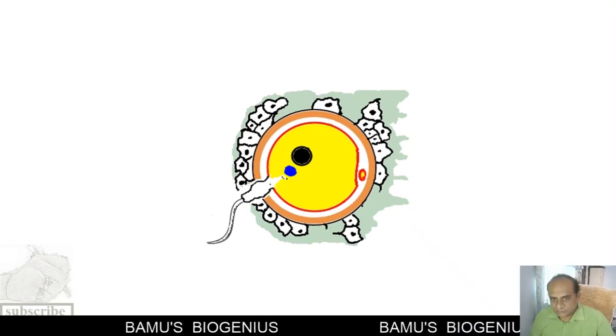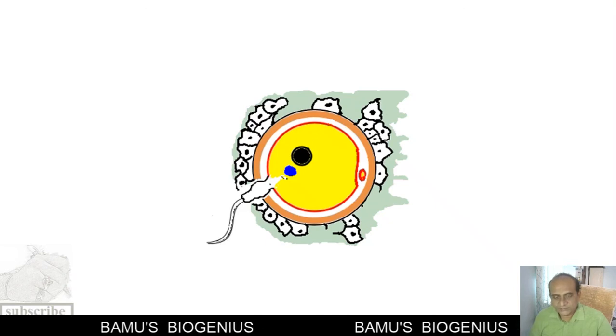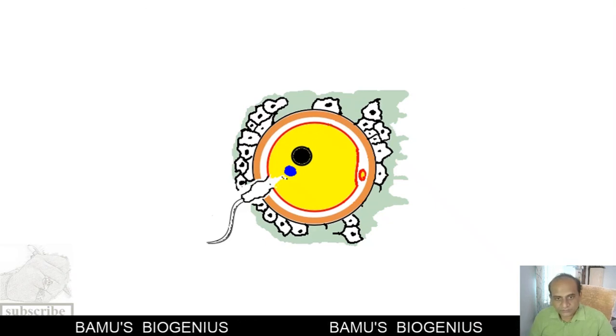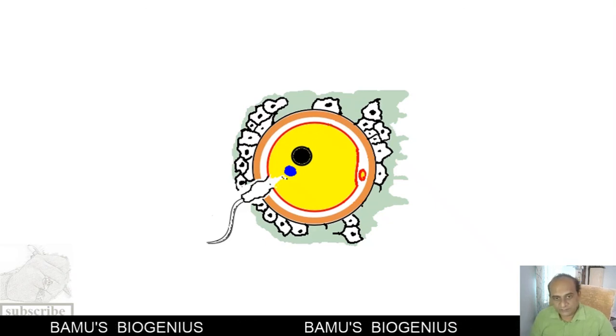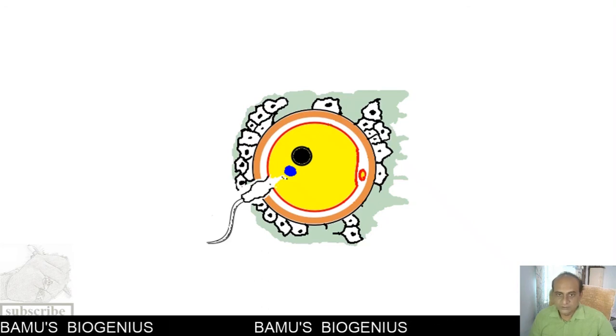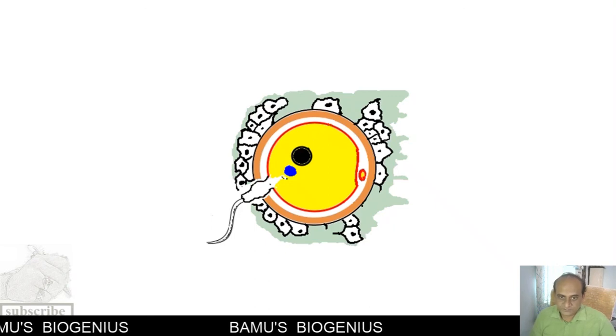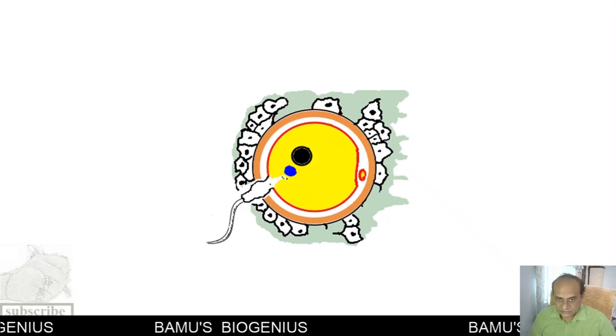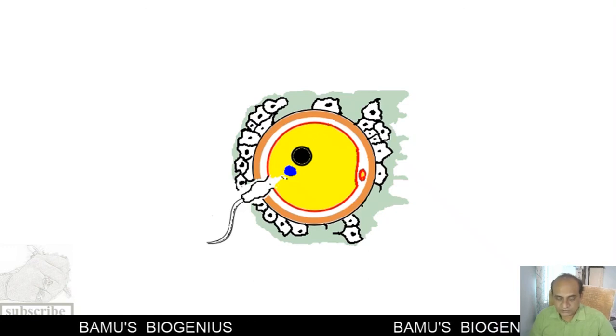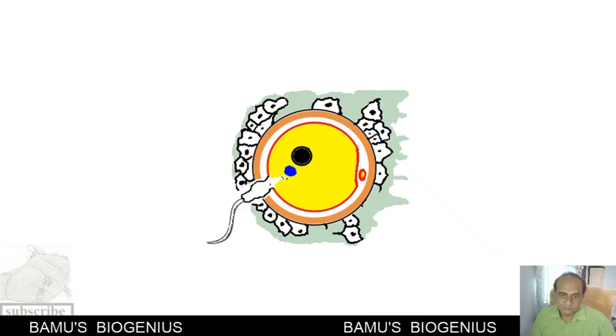If we see the case of mice, it has been found that the protein present on the plasma membrane of the sperm, known as fertilin, interacts with the protein present on the plasma membrane of the egg. That protein is known as alpha 6 beta 1 integrin. The two interact with each other and they fuse, so they help in fusion of the membranes with each other.